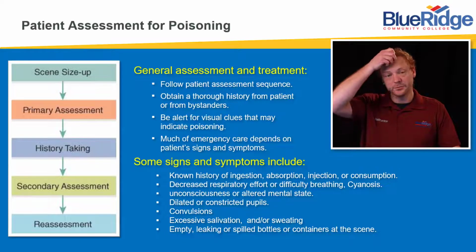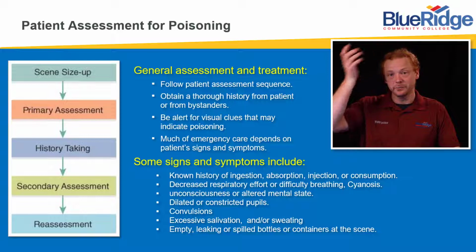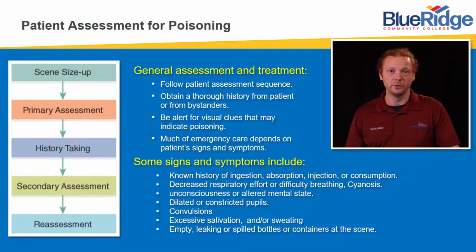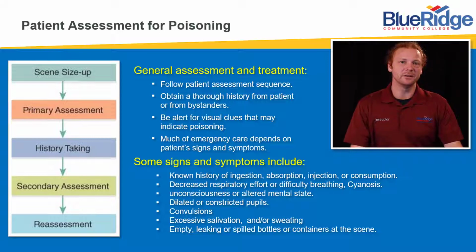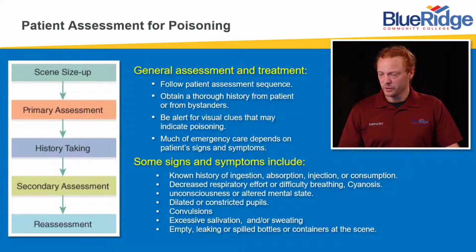These can be prescription medications that do not belong to the patient, or their own prescriptions that do belong to them, but they have taken excessive quantities. There can also be accidental poisonings as well. So just because someone has taken a poison or overdose doesn't necessarily mean it was intentional.